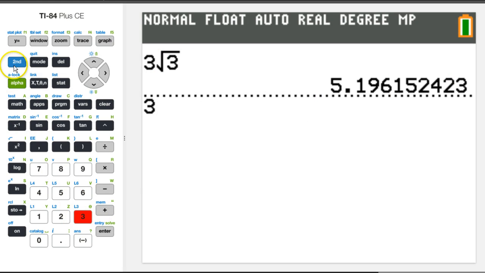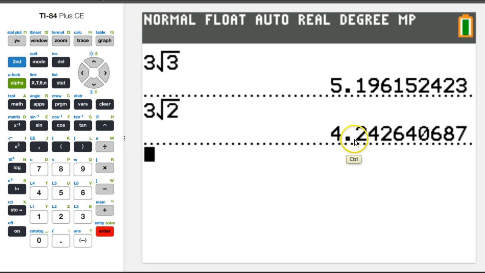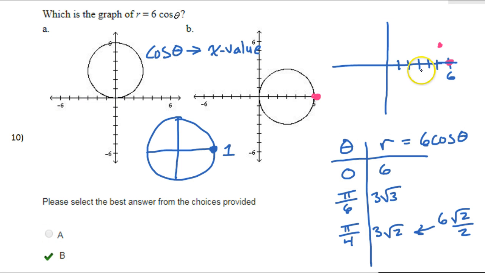As a decimal, 3 times the square root of 2 is 4.2. So this is going to be a little bit shorter. If I go to a 45-degree angle, my length is getting a little bit shorter. I started at 6, then went to 5, and now I'm at 4. As I'm rotating, the lengths are getting shorter.